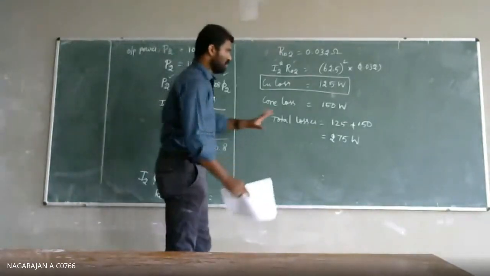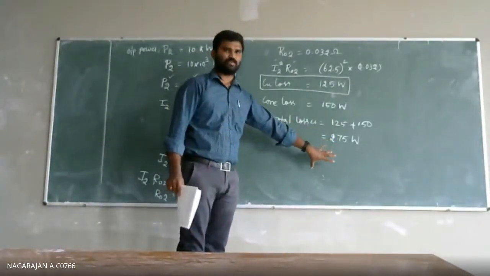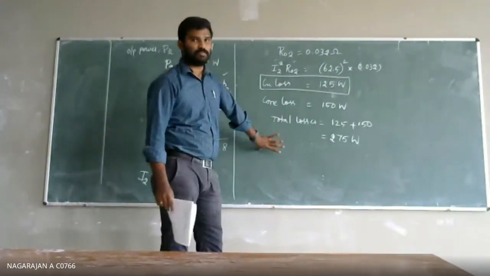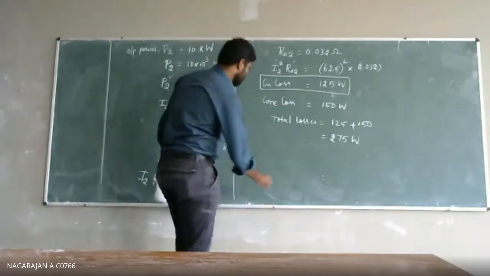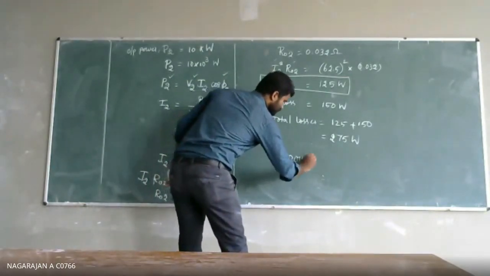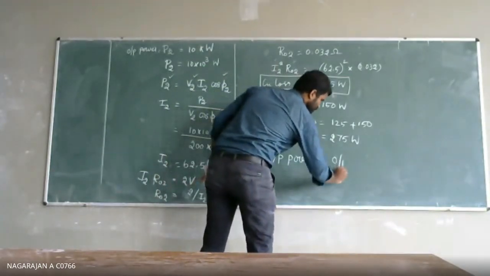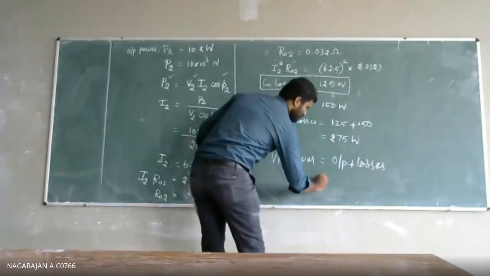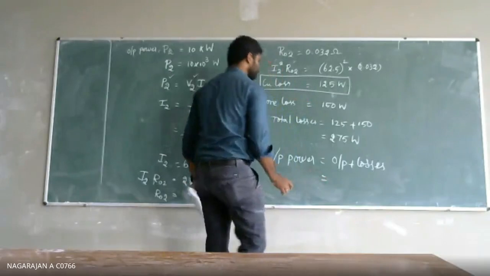So we have found out the total losses of this transformer. So from this equation, we can find out the total input power. Input power is equal to output power plus losses. What is the output power?